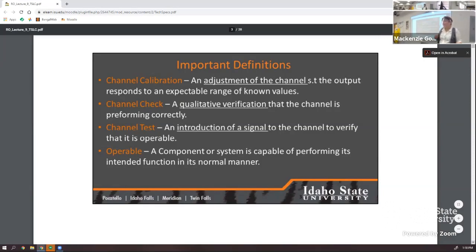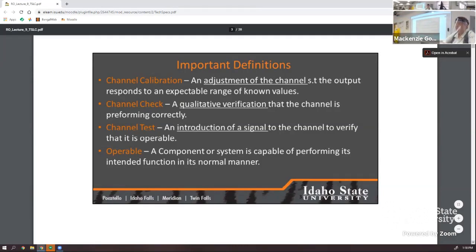So if you're getting a reading from that channel and you know it is wrong because a discriminator or a calibration tool has not been set correctly, you can't just change that unless you are in a procedure that tells you you can do a channel calibration.